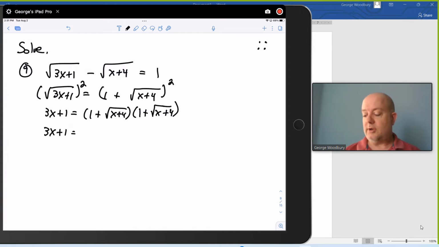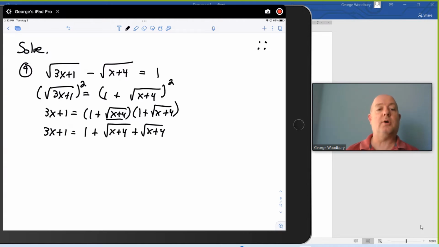Distribute the 1. 1 times 1 is 1, plus 1 times the square root of x plus 4 is the square root of x plus 4. Then we distribute the x plus 4 through the second set of parentheses. Multiplying that by 1 is still square root of x plus 4. And then when we multiply the square root by itself, the square root disappears. That leaves us with just x plus 4.